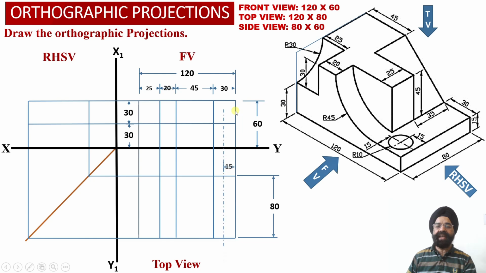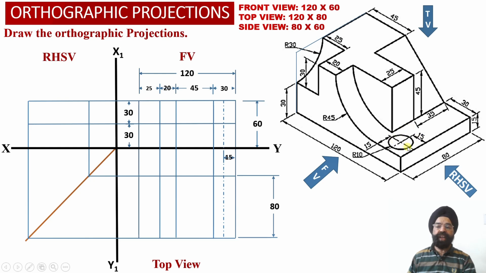So from the right hand side face of the solid, we have marked a vertical center projector line corresponding to the center of the circle at a distance of 15 millimeter from the right hand side face of the solid, and this vertical center projector line obtained in the front view projections has been transferred appropriately into the top view projections as well. Now having obtained the center line, we know that the radius of the circular hole happens to be equal to 10 millimeter.